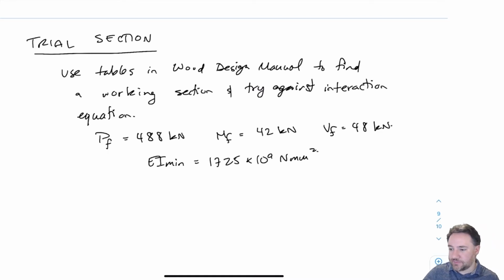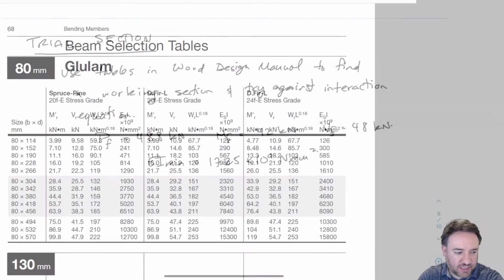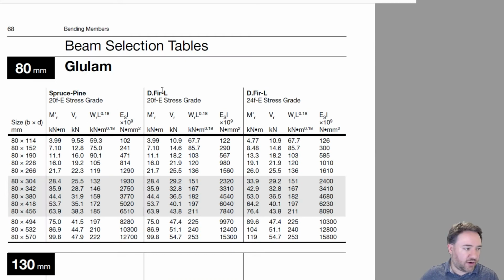All right, so let's start with moment capacity and shear capacity and EI. Okay, remember, we have to leave some excess moment capacity to take into account our combination equation.